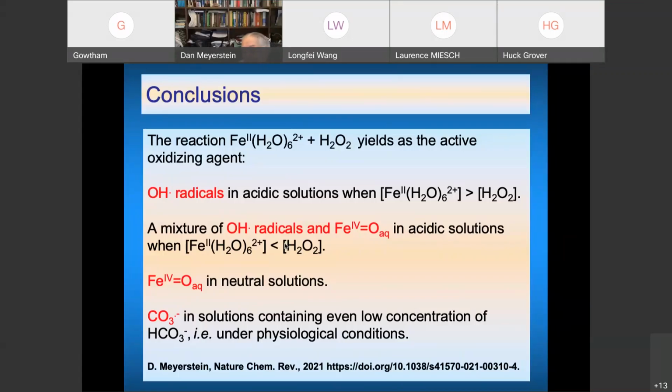So the Fenton reaction is dependent, and I didn't discuss here, but if I would have shown, if you put other ligands on the iron or on other metals, you change the mechanism. So there is not one mechanism. Nobody can say in general what will be the product without measuring it in a very careful system.